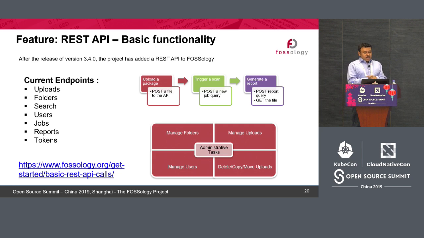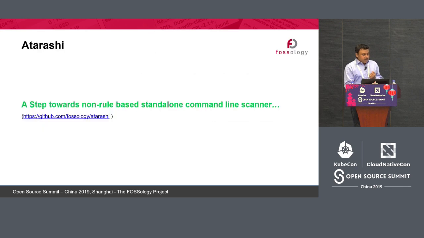We have endpoints like uploads, folders, search, user, job, report, and tokens. You can generate a token from the FOSSology Web UI, and then you can upload a package, trigger a scan, generate a report, and also get that report over the REST API. Here I have given the link for the REST API calls and how it works with FOSSology. I'll also show you if time permits at the end.